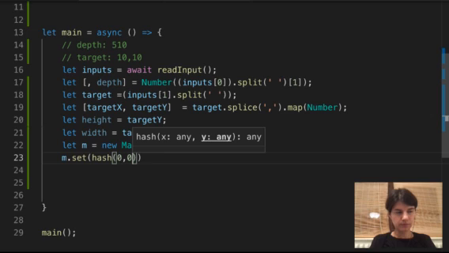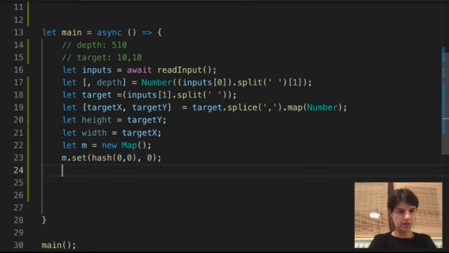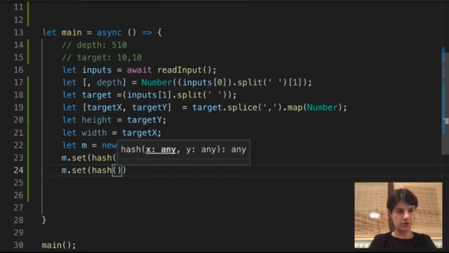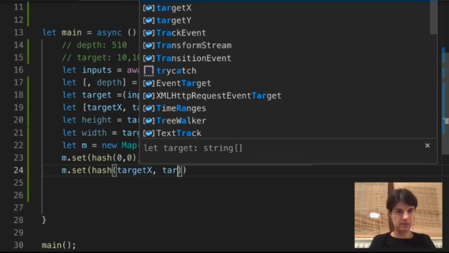Hash of 0, 0 is 0, and m.set hash of target x, target y is also equal to 0, right?